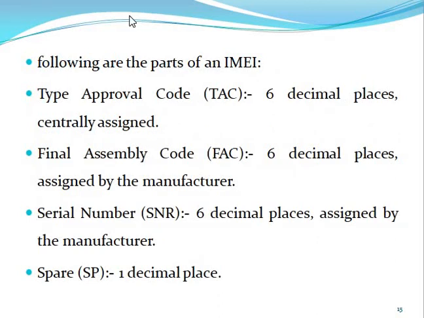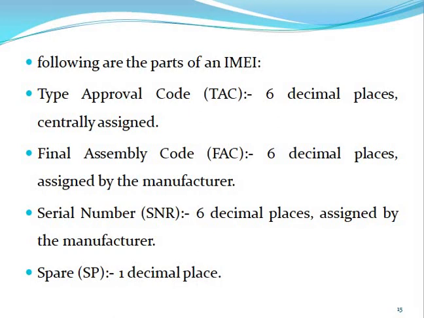First is the type approval code, TAC, a 6-decimal-digit code that is centrally assigned. Finally, the final assembly code is a 6-digit decimal code assigned by the manufacturer and also used as the serial number, followed by one spare decimal digit.